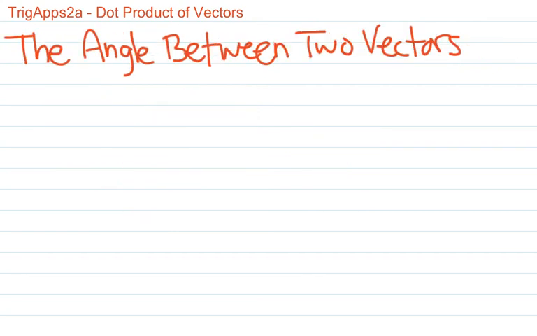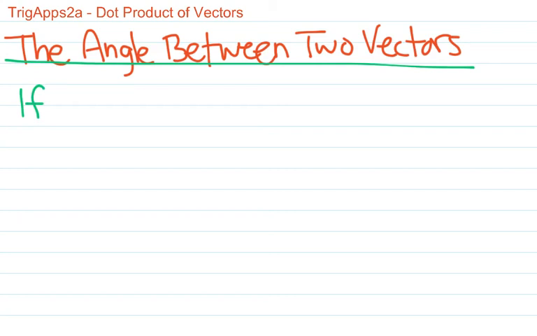I love this. This is really neat. We could use trig by itself to do some things like this, but the function cosine theta is part of this whole definition. Here we go. This is the actual definition of the angle between two vectors.